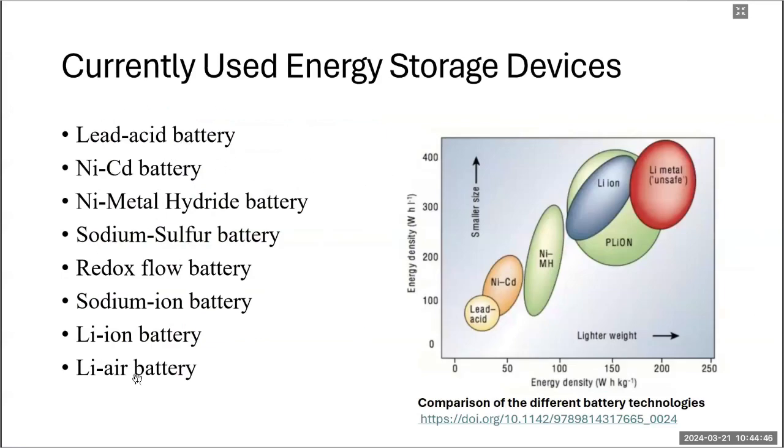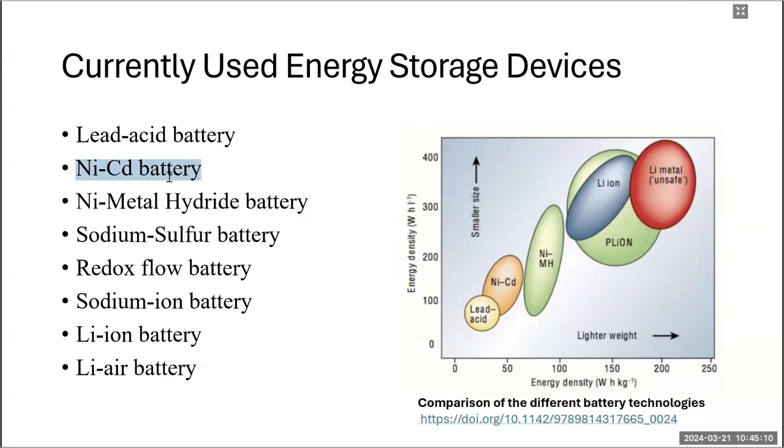So these are different battery technologies, as you can see. The earlier one has very low capacity, low energy and power density, and the lithium battery is actually here. So it has a balanced energy and power density. There are other technologies: nickel cadmium, nickel metal hydride. Nickel cadmium battery you also use in your trimmer.